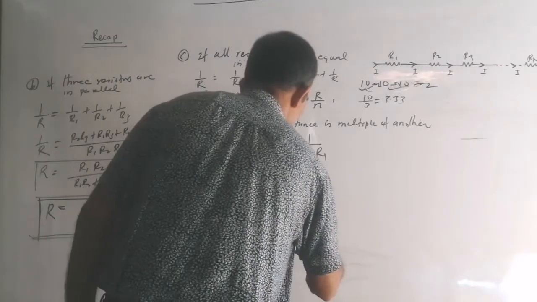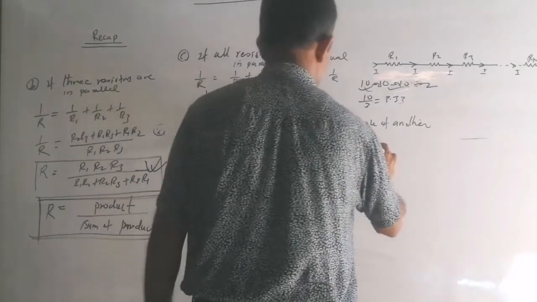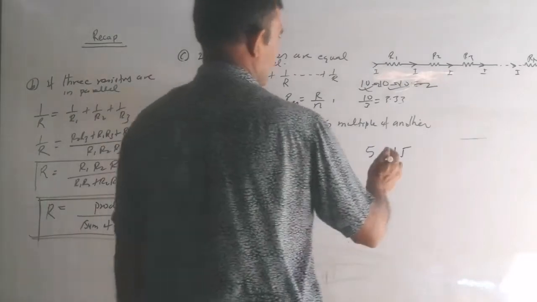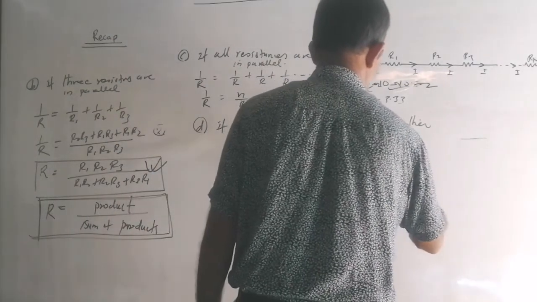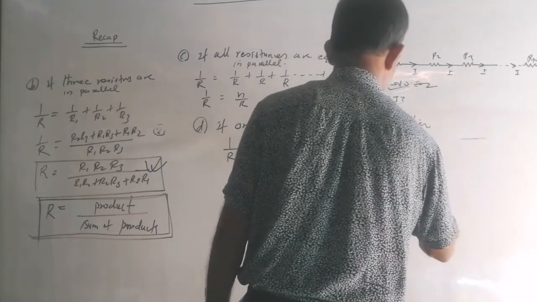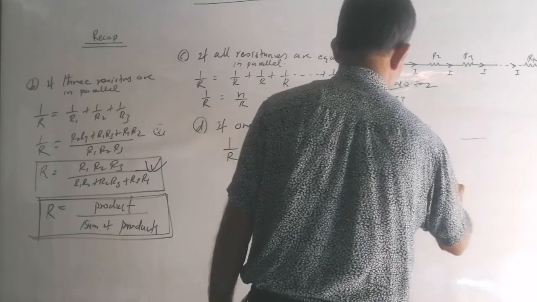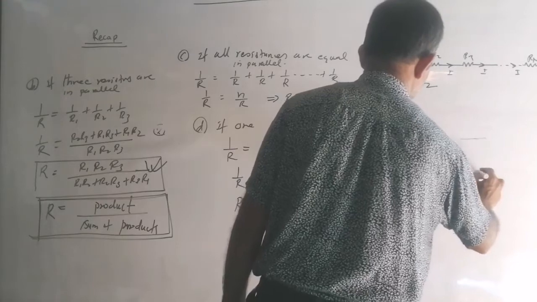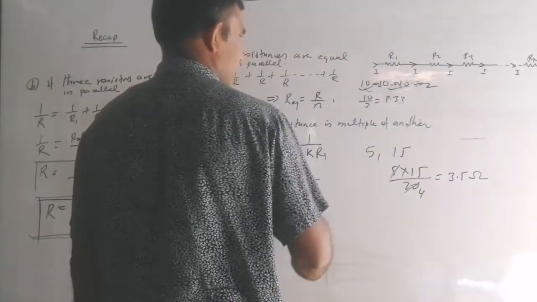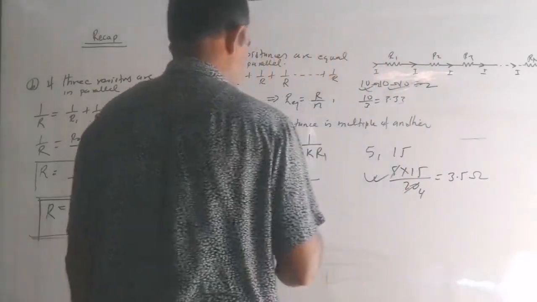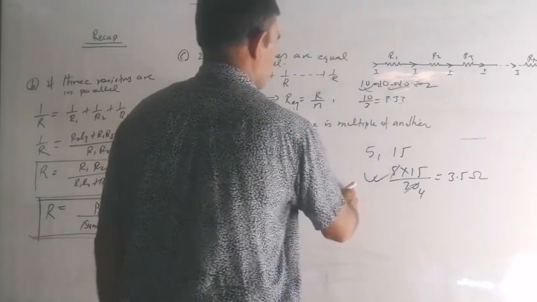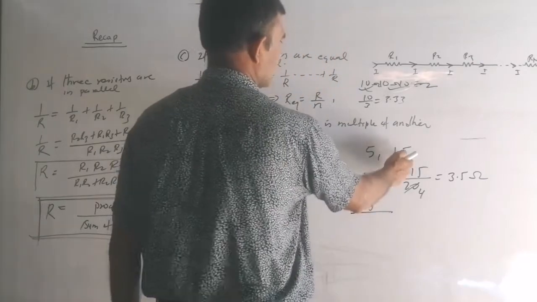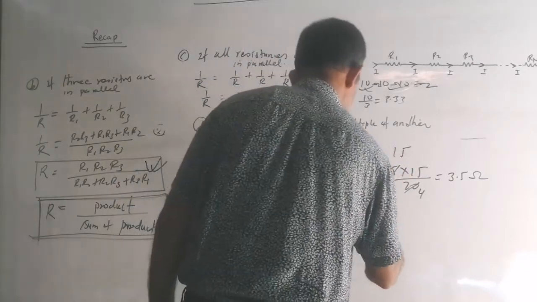It means very simply you can find it. I told you one resistance is 5, other is 15, so I have to find the equivalent resistance. One method is, I will multiply 5 into 15 by 5 plus 15 is 20, 75 by 20, that's 15 by 4, that's 3.75 ohm. One way is product by sum, doing fast calculation. Another way is, write the bigger resistance, 15, and divide by how many times it is: 3 and 1 more, means 3 plus 1 is 4.